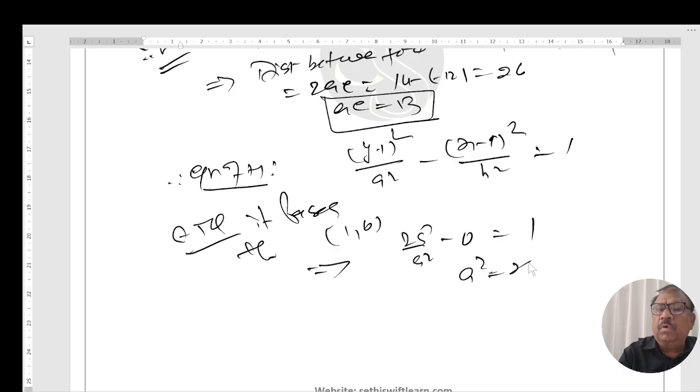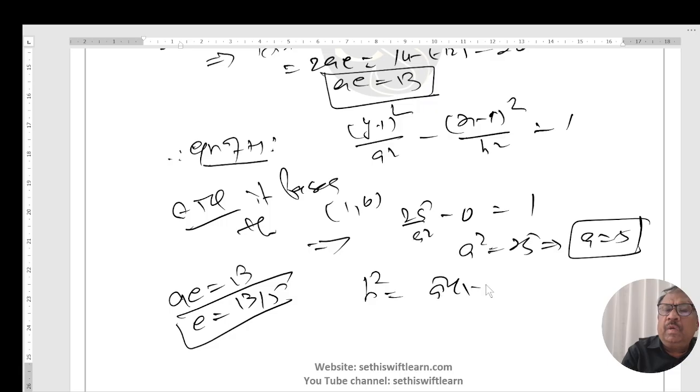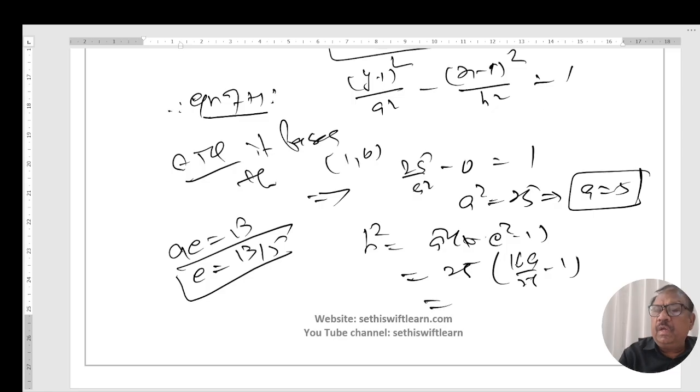A square comes out to be 25, that is a comes out to be 5. Find the value of e: ae equal to 13, so e equal to 13 upon 5. So b square equals a square times (e square minus 1), that is 25 times (169 upon 25 minus 1). 25 cancels 25, giving 144, so b square comes out to 144.